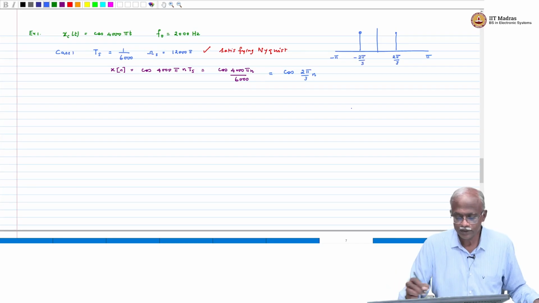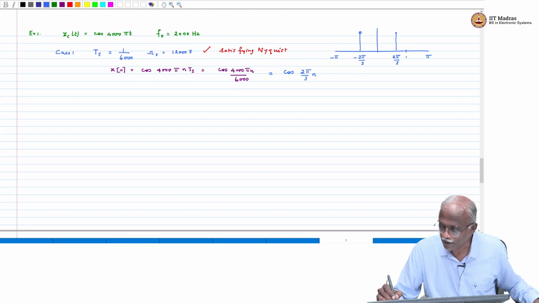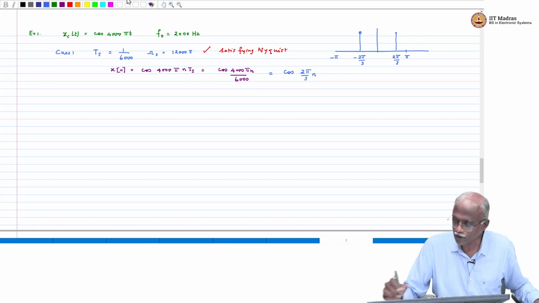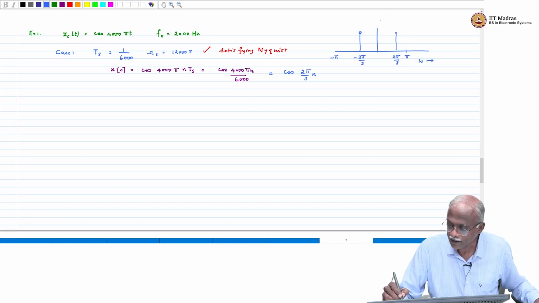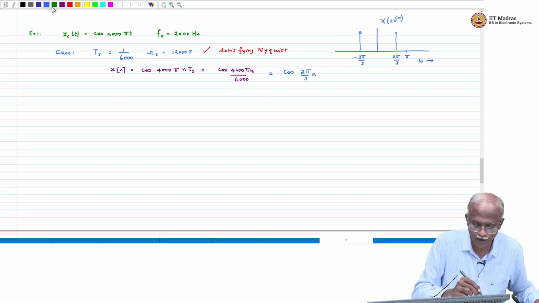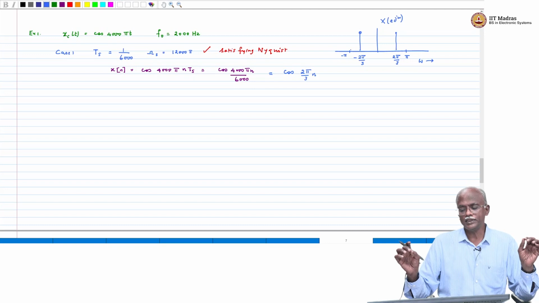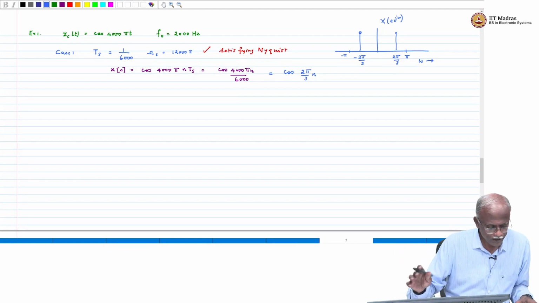Actually, if this is 2 pi by 3, then this should be pi. So this is your omega axis, this is X e of j omega. This is what it will look like, and minus pi also comes closer. So this is my representation of the signal, and we are happy with this representation.